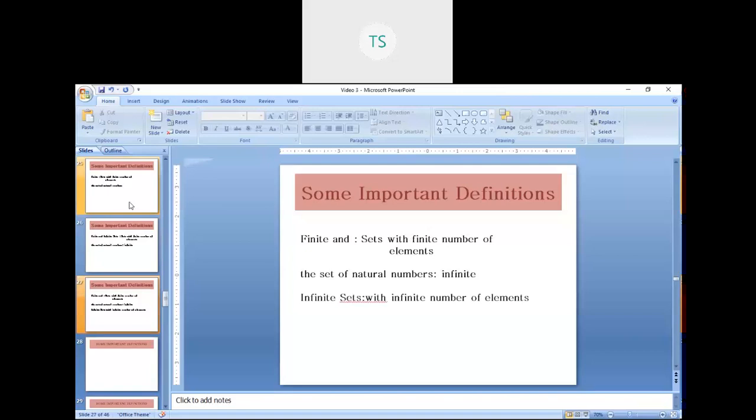We will define the infinite set as a set with an infinite number of elements. So I will write the definition of an infinite set like this: a set with an infinite number of elements is known as an infinite set. Can any one of you give me one example of an infinite set other than the set of natural numbers?